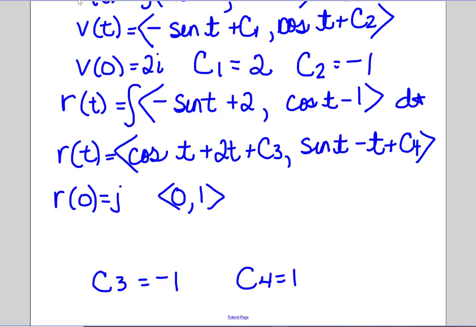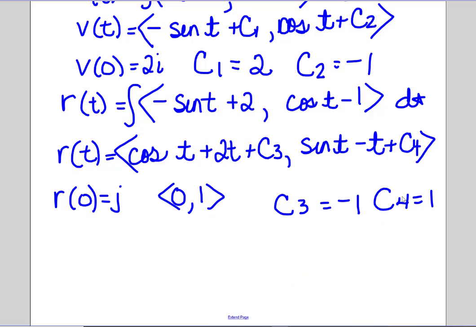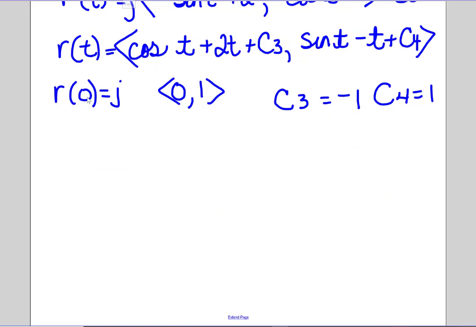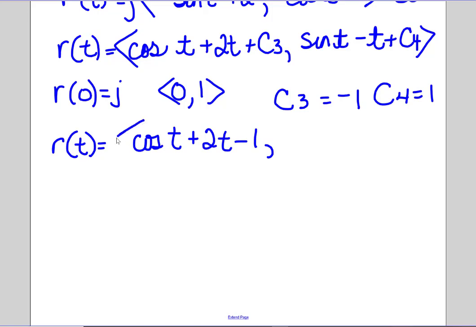And then putting all of that together, if c sub 3 is negative 1 and c sub 4 is positive 1, our vector r of t is cosine t plus 2t minus 1 in the horizontal direction, and then sine of t minus t, and c sub 4 is positive 1 in the j direction.